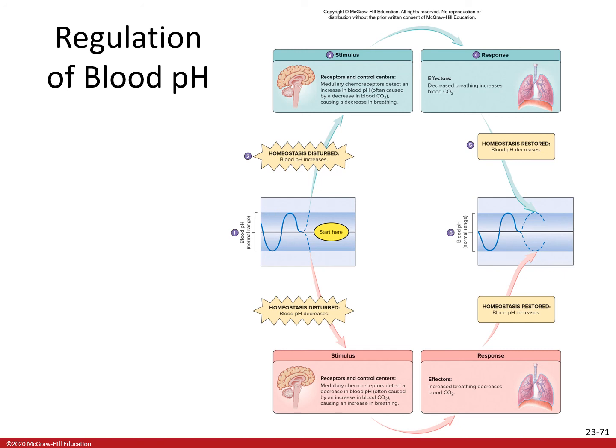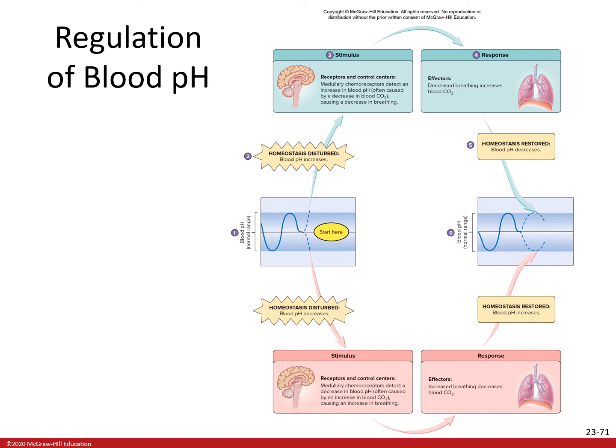The fourth step is going to be the effectors. The diaphragm and the other respiratory muscles respond by slowing their contraction rate, which lowers the rate of breathing. That fifth step, as a result, more carbon dioxide is retained, which causes pH to drop. Your blood becomes more acidic.